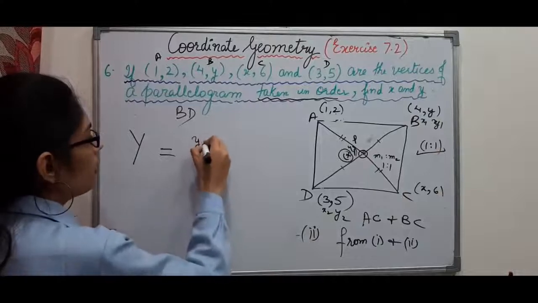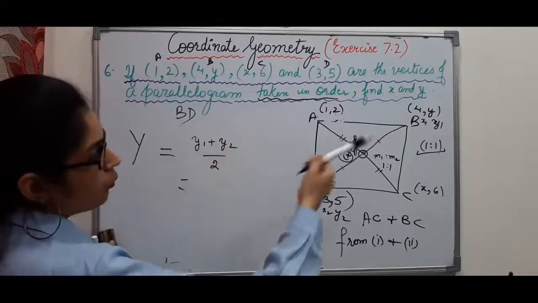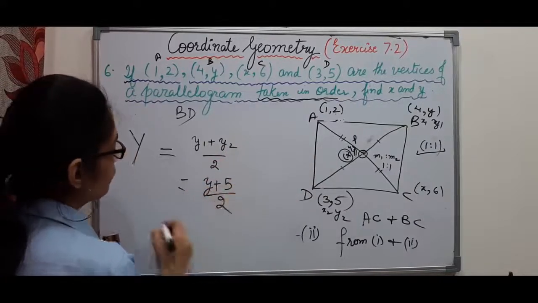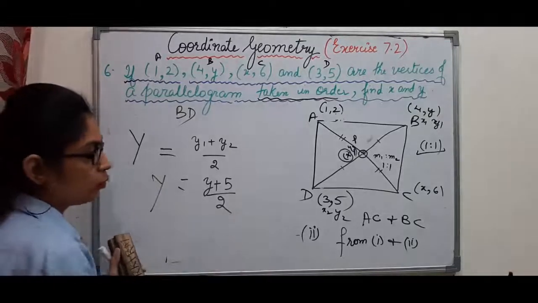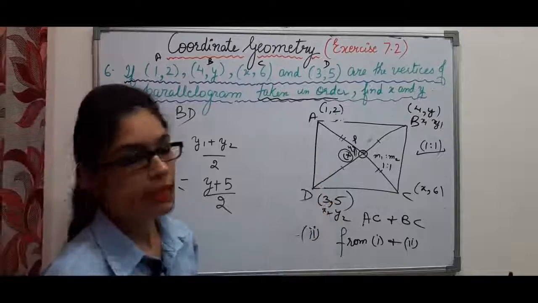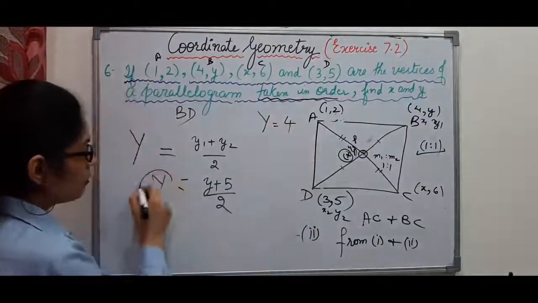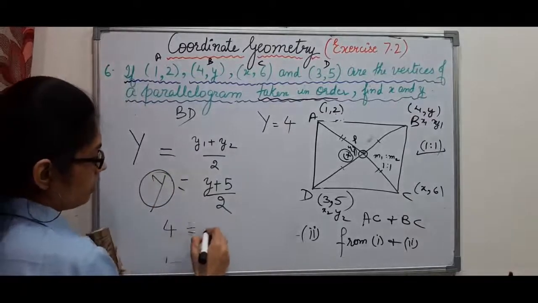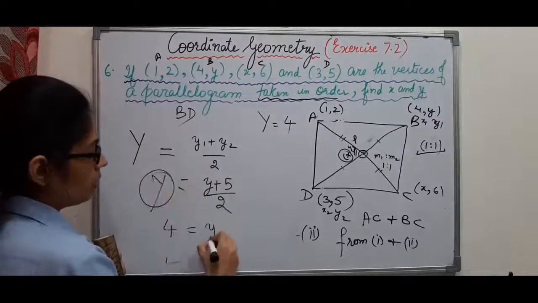So capital Y will be (y1 + y2)/2. You can see y1 is y, y2 is 5, over 2. So capital Y is equal to (y + 5)/2. But in the previous step we already found the value of capital Y as 4. So here we will write the value of capital Y, which is 4, substituting it.